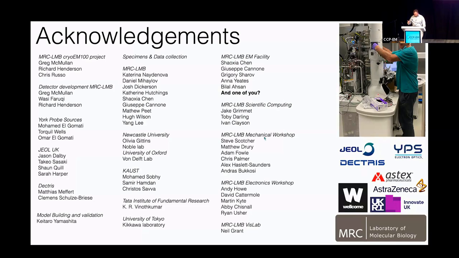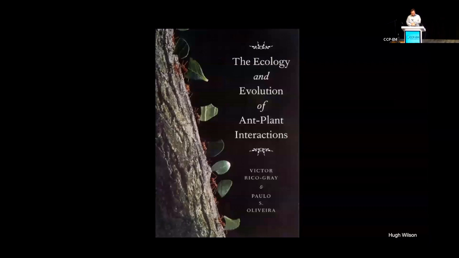And if you'll indulge me with one more slide, since we're going to do a discussion immediately after this, I thought I would put up a metaphor for you. So this is a picture of a book from the ecology world. And many of you may know that ants and trees often have a very interesting symbiotic relationship.